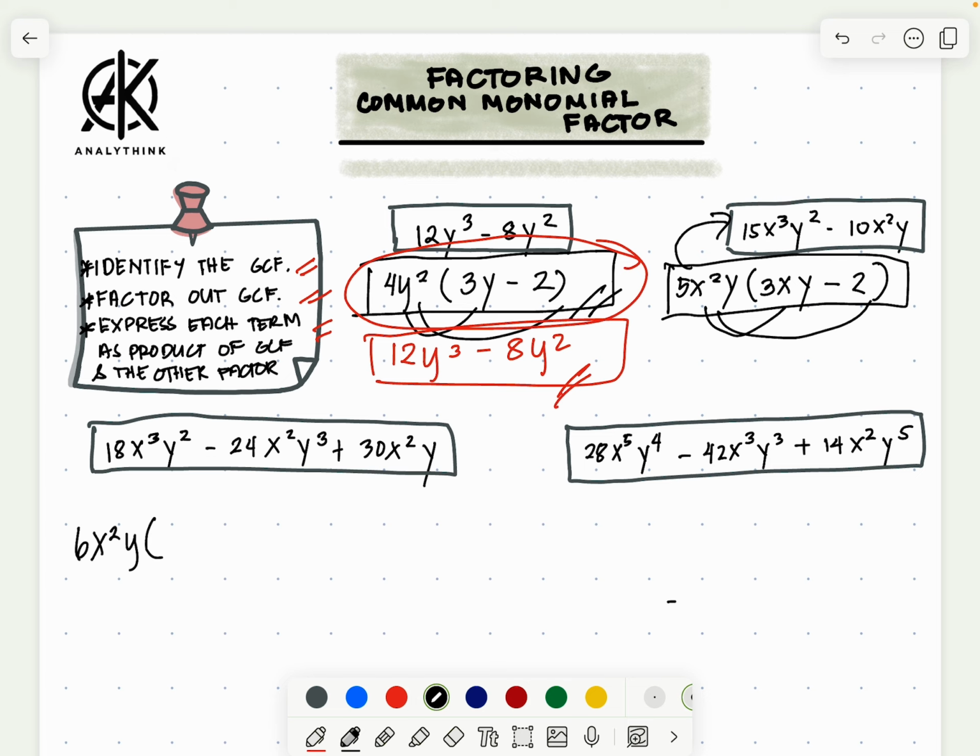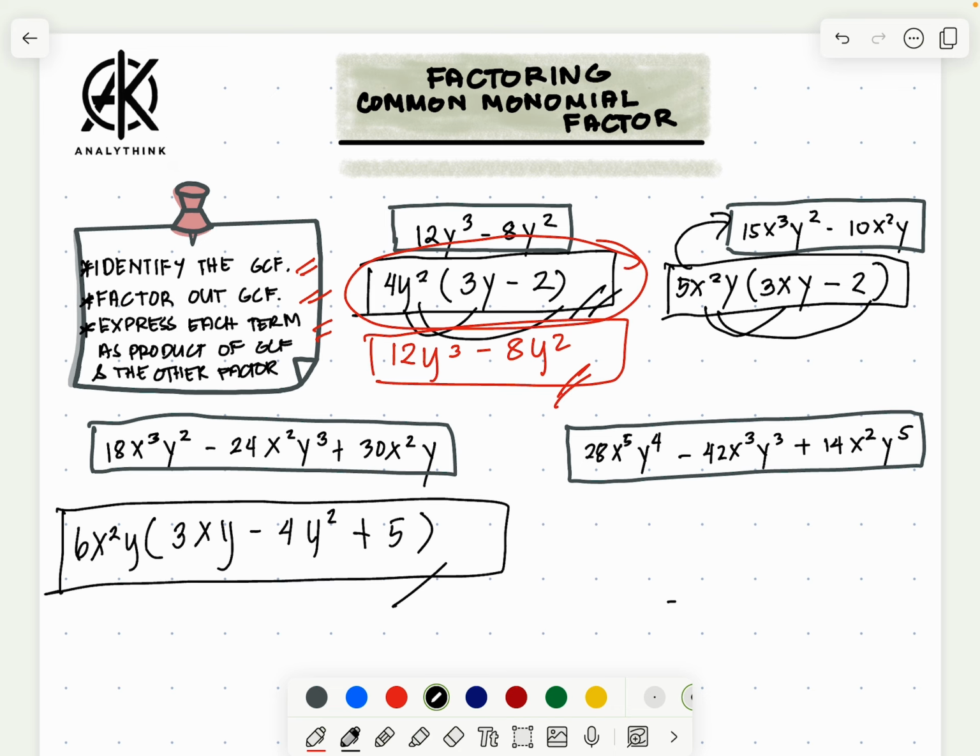Same process: 18x cubed y squared divided by 6x squared y would be 3xy, and then minus 4y squared, plus 5. Just 5. So this is our final answer. You can check by multiplying your GCF to each term.